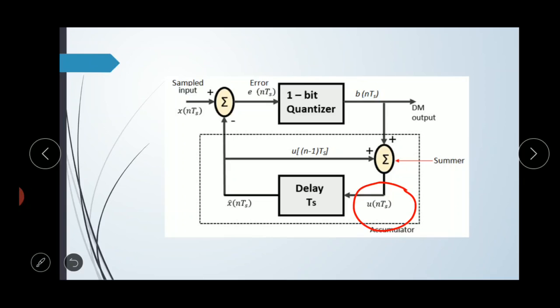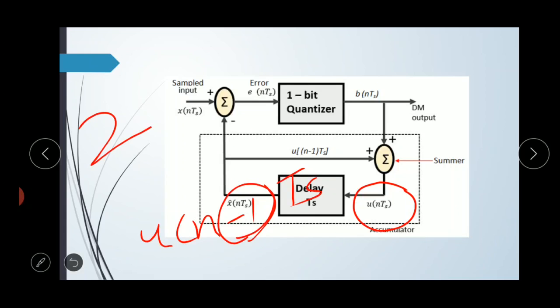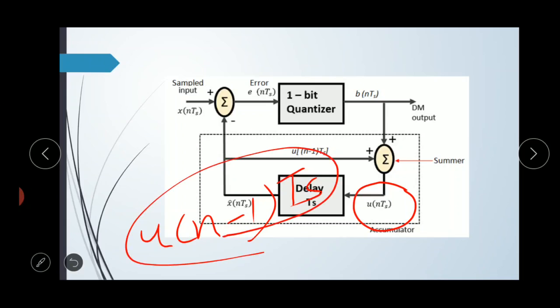Then here we can get u of (n-1)Ts, delayed by one sample period, so z to the power -1. Here we delayed it by one sample period, then at the output we get the previous sample. Like this the process is continuous.